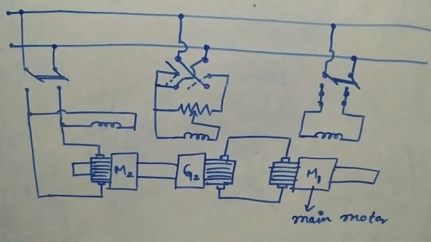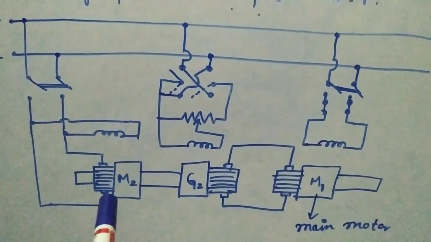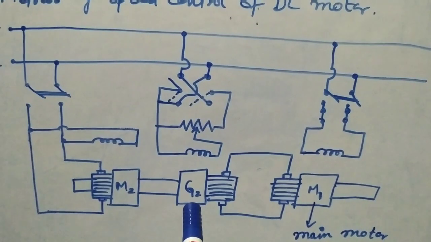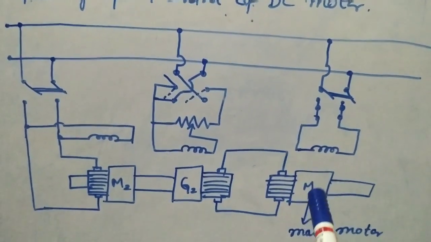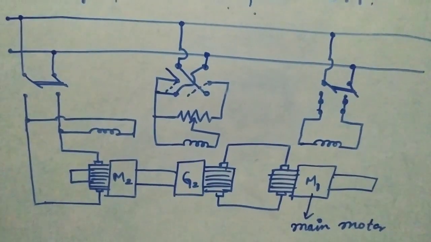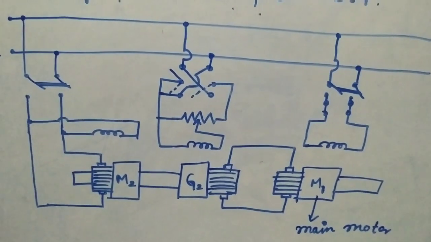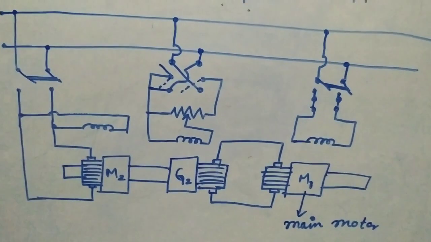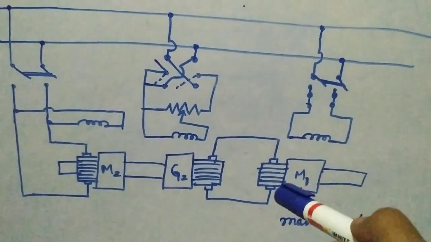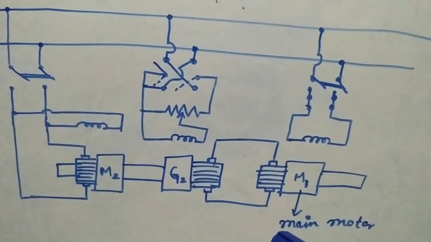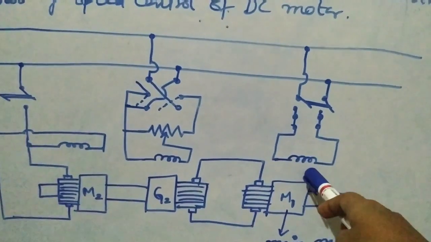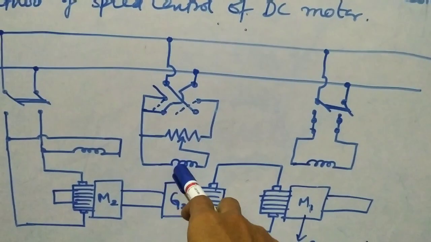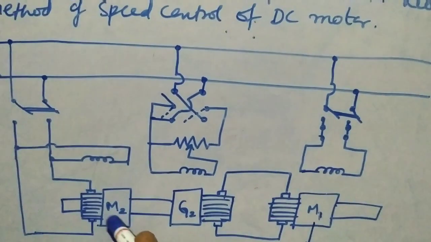It consists of the motor M2 and generator G set-up, coupled together, and M1. M1 is the main motor whose speed control is required. The field winding for M1 is this one, for the generator this will be the field winding, and for the motor M2 this is the field winding.